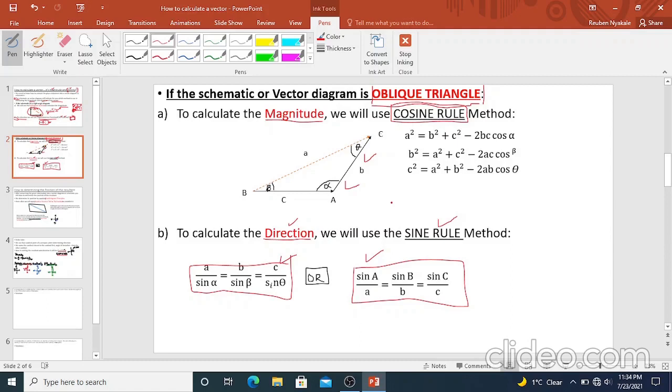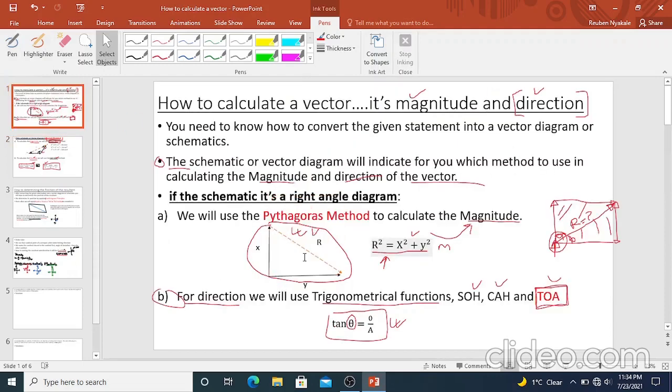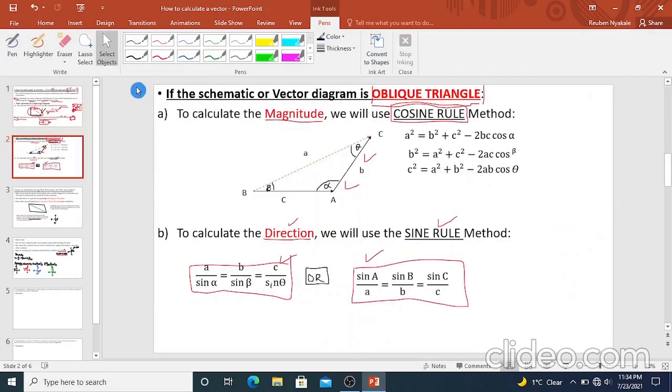Now, your vector diagram will be based on either the right angle triangle or the oblique triangle. Those are the triangles that you'll be working with to determine the magnitude and the direction of the vector.